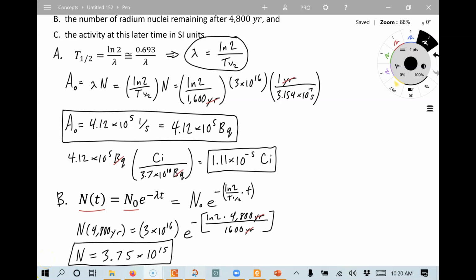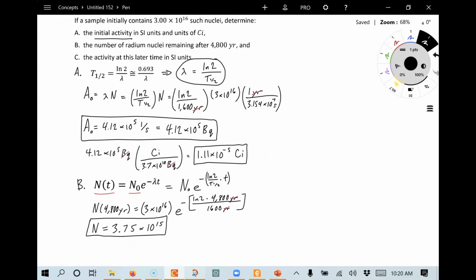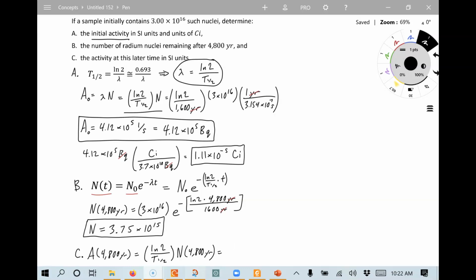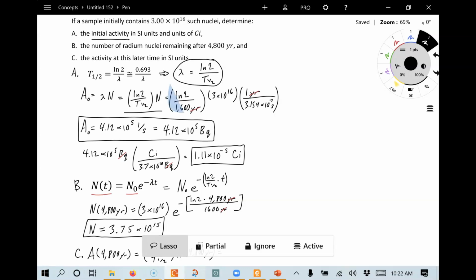Finally, to calculate the activity at this later time, we can go back and just use the same equations we did before. So for part C, now we're going to look at the activity at a later time, 4,800 years. That's going to be equal to the same equation as we used before, and now N in this case is evaluated at 4,800 years. We can basically use the same equations we did before here.